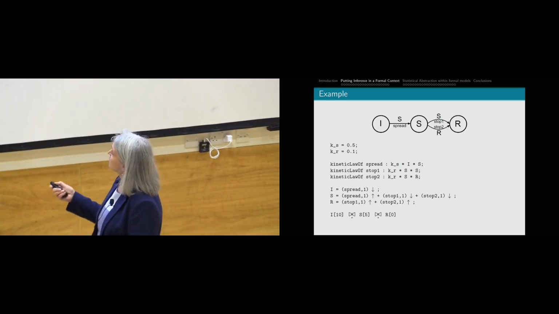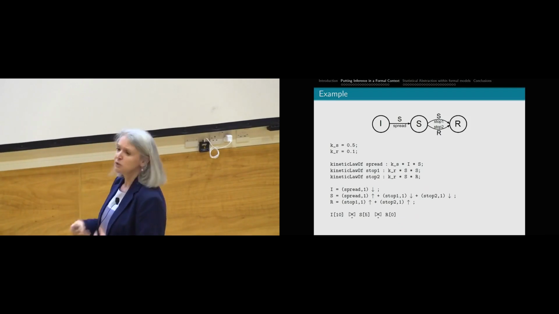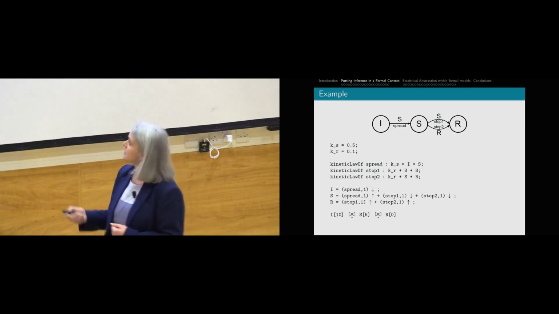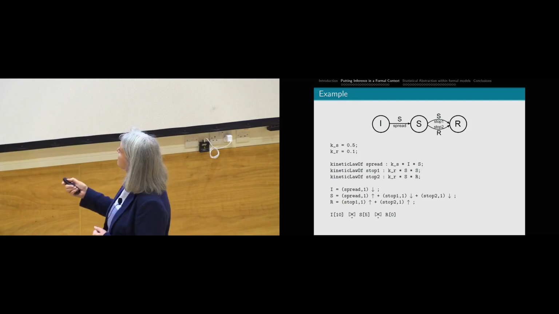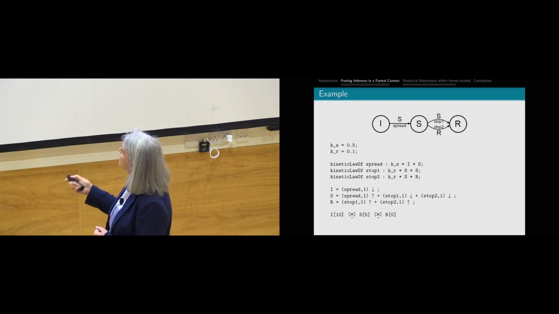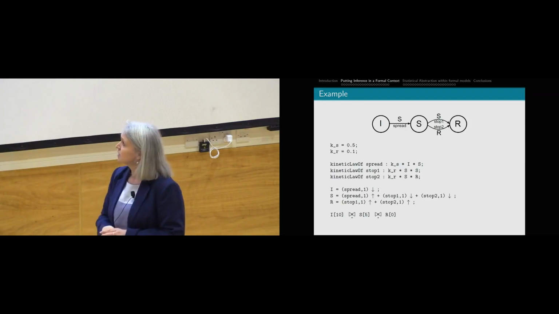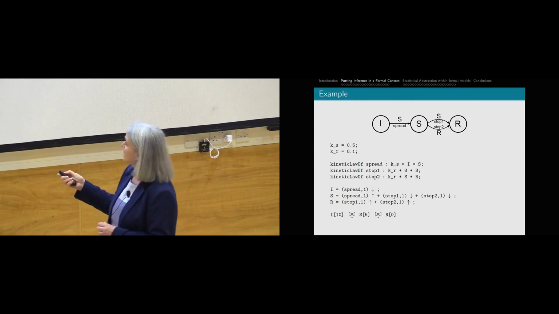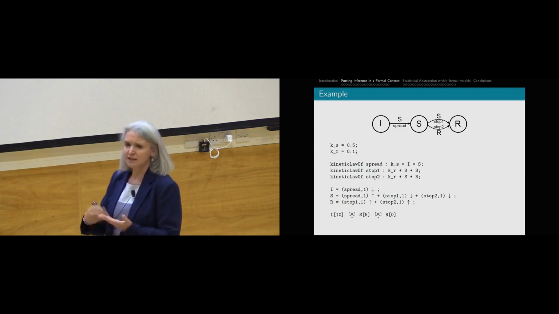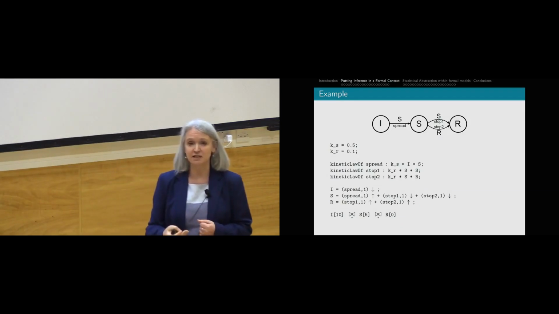The same reaction will involve a spreader, and as a result, there'll be 1 more spreader, because the innocent now knows the gossip. And similarly for the other actions, so we can see our spreader can take part in the spread, or stop 1, or stop 2, and then repressors take part as a product in both stop 1 and stop 2. So that tells us the capability, what these species can do.